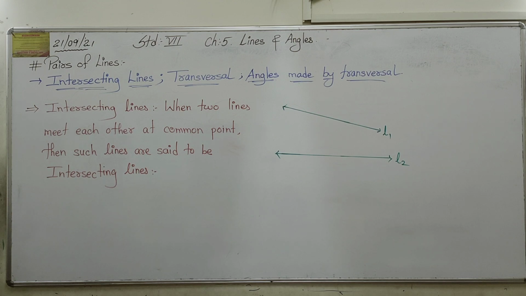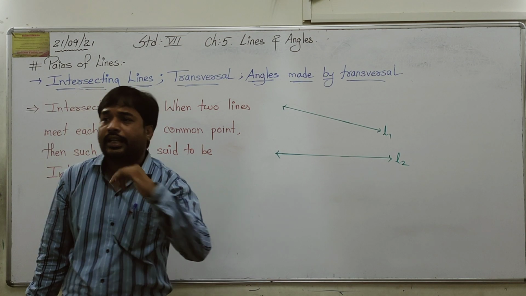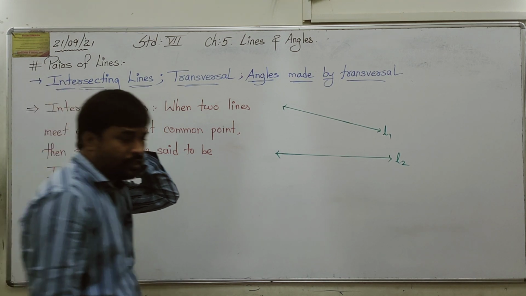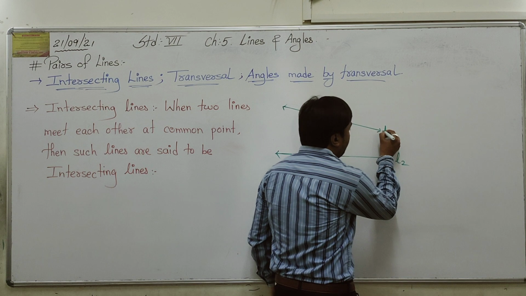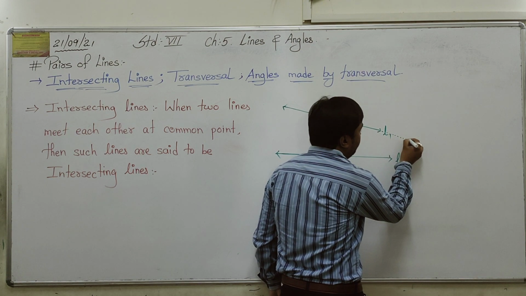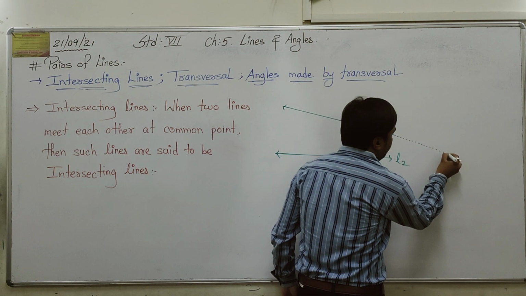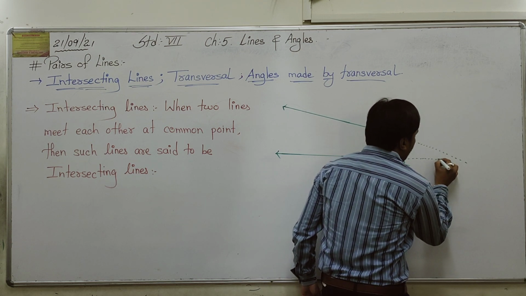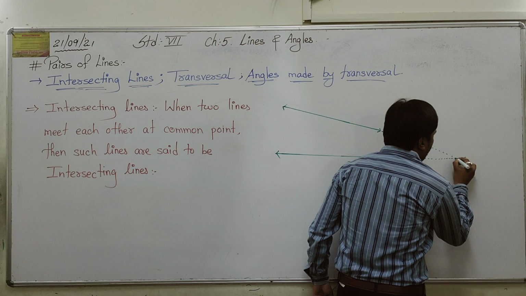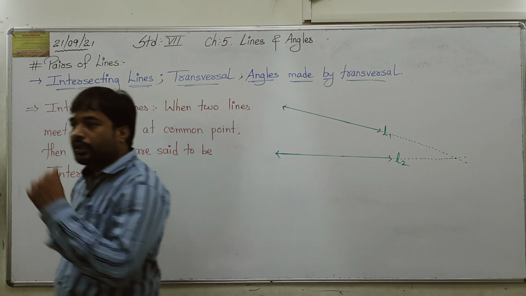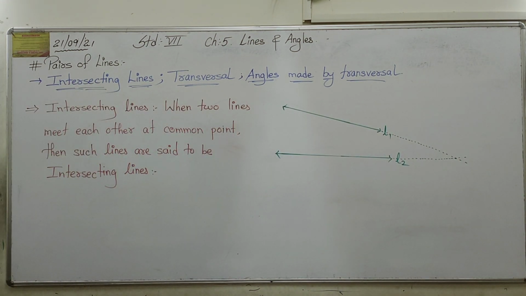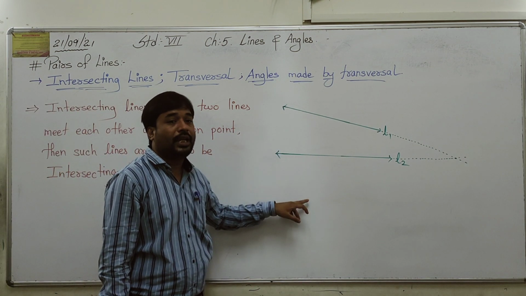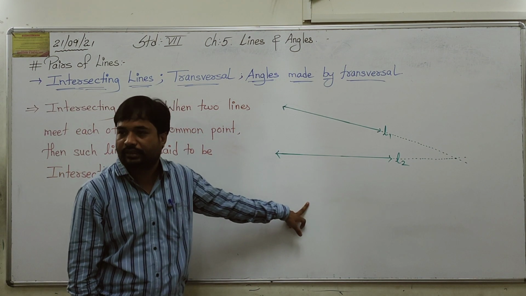We are very familiar that lines are extended in both directions. So see, if I extend this line further, then it will cut each other at some point. That's why we can say that these two lines are said to be intersecting lines.